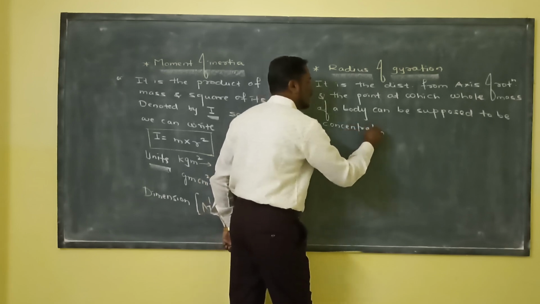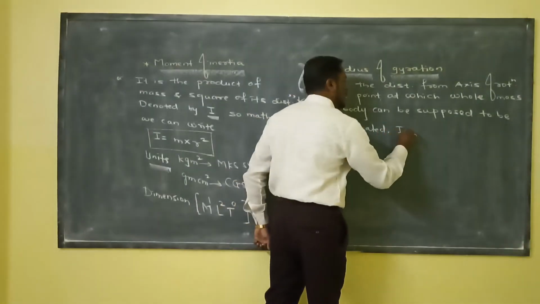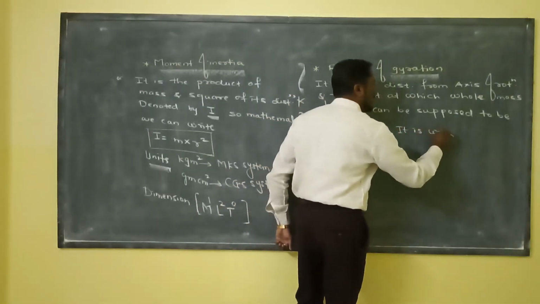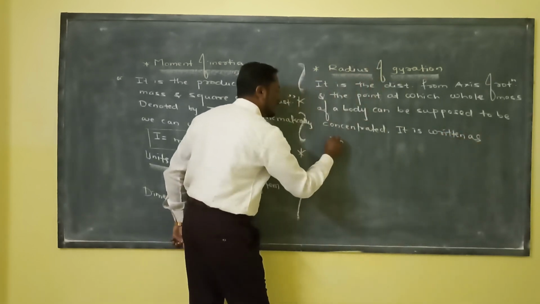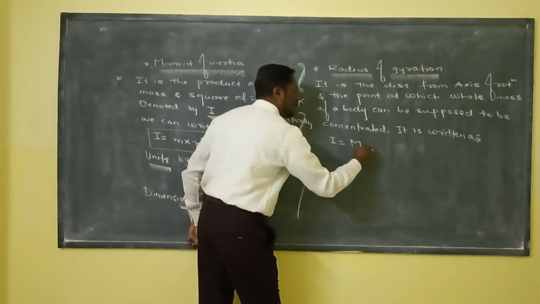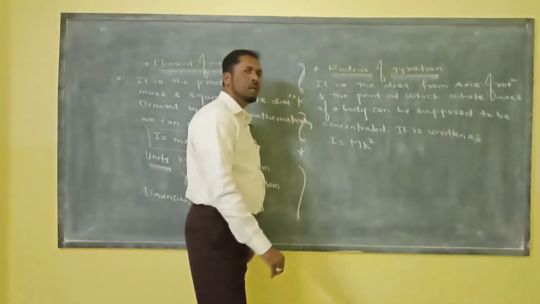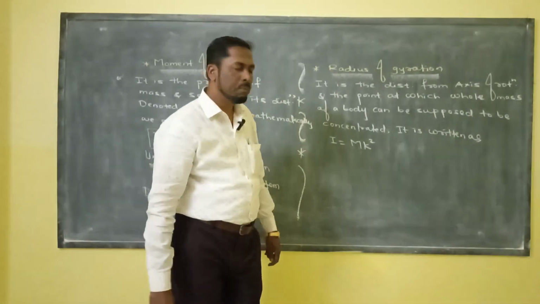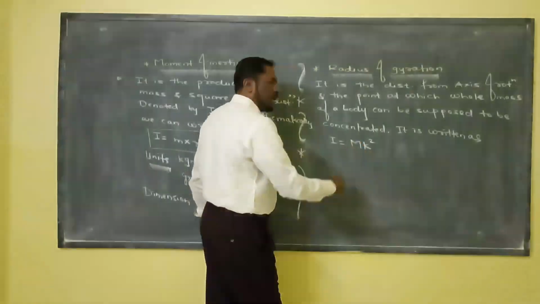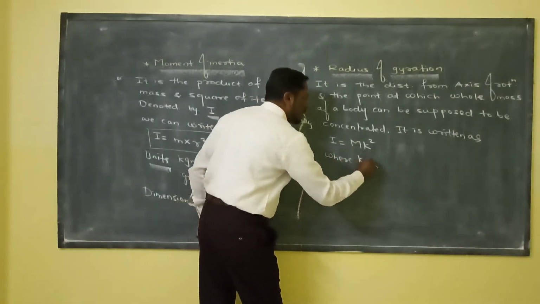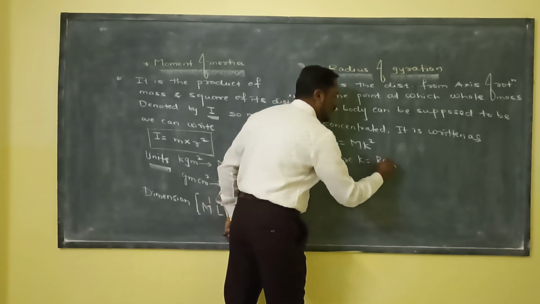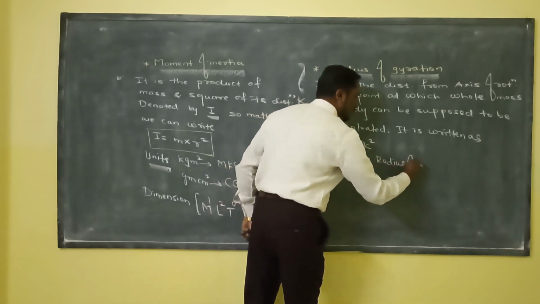It is written by the formula I is equal to m k square, where k is the constant factor called the radius of gyration.